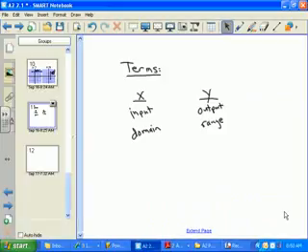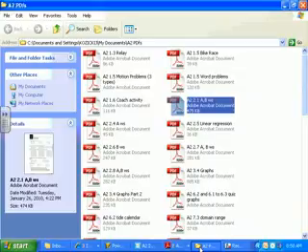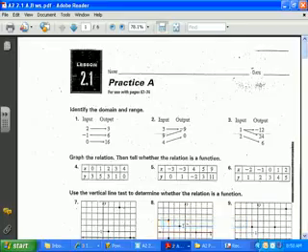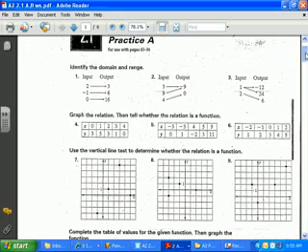So let's take a look at your sheet. Okay, here's the sheet that you started working on yesterday. And some of you guys, if you need a copy.